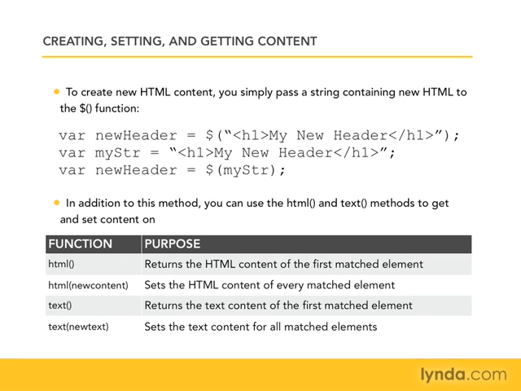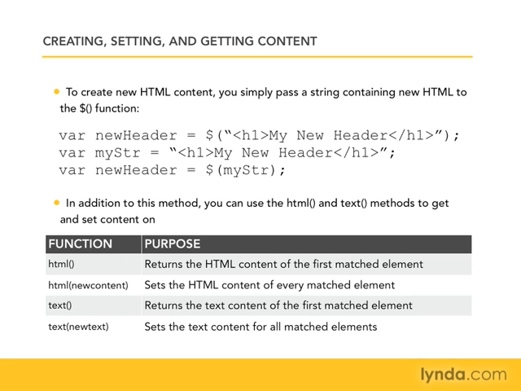However, if you pass it some content, then that sets the HTML content of every single matched element in that set. Similarly, the text function works pretty much the same way. You call it with no argument, and that means get the text content of the first matched element. Otherwise, if you pass it some text, it will set the text content for all the matched elements.